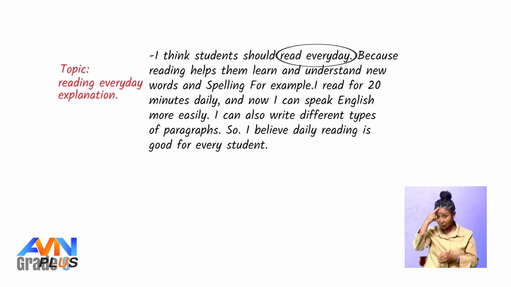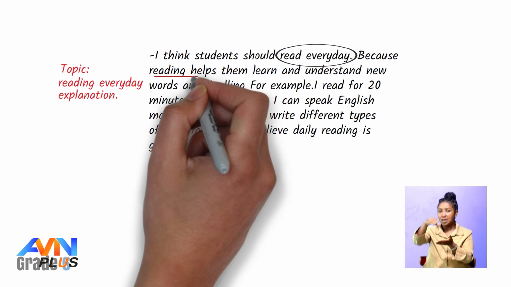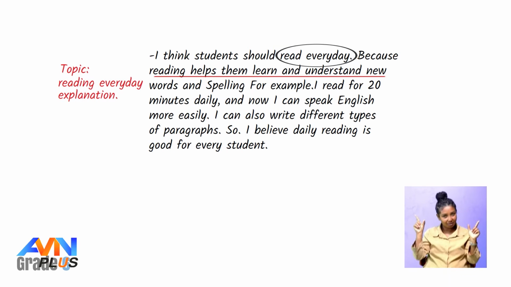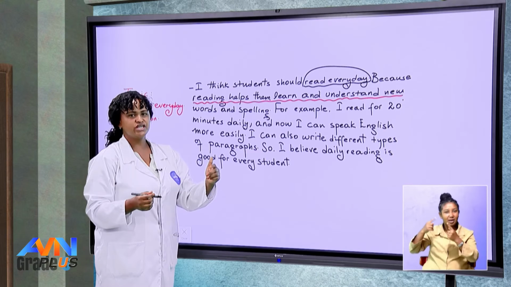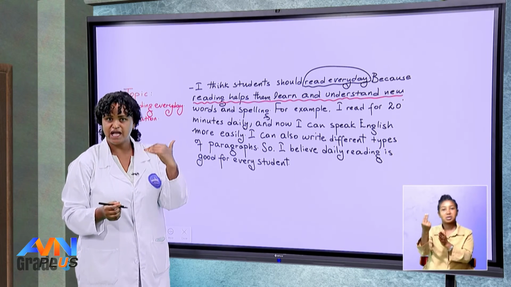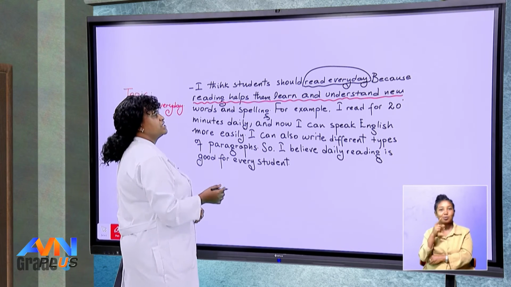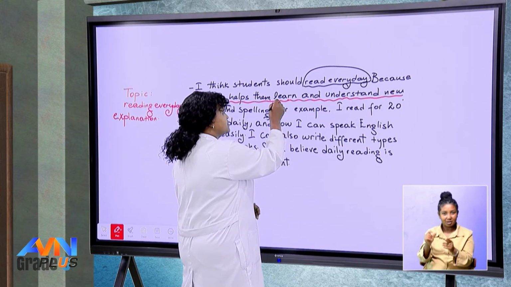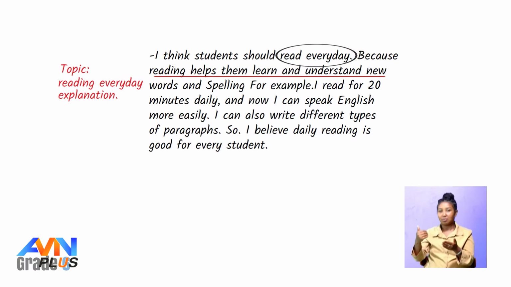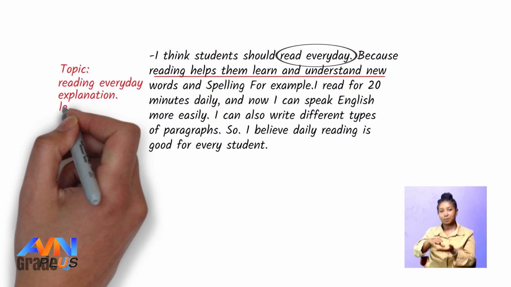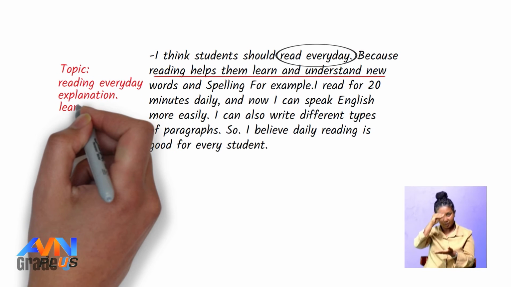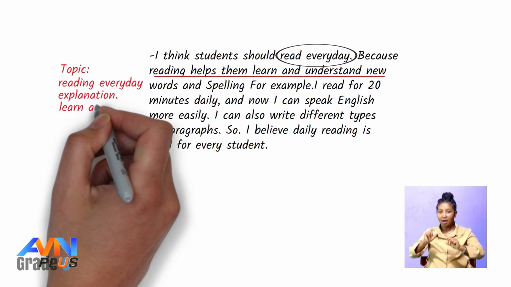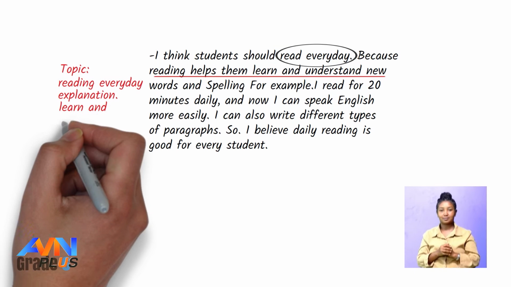Because reading helps them learn and understand. Now, in the explanation, he tries to mention some benefits that a person can get from reading. That is what? Learn and understand.